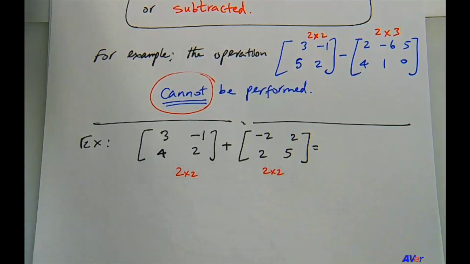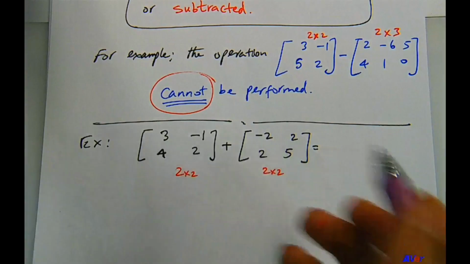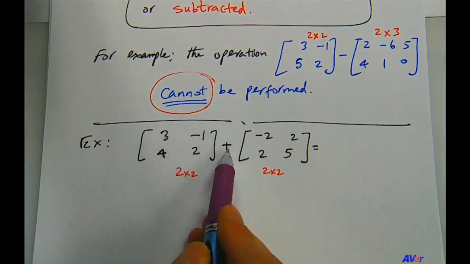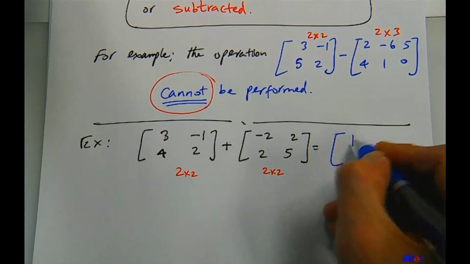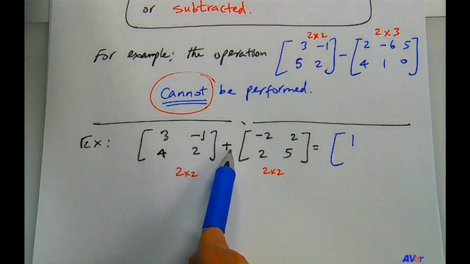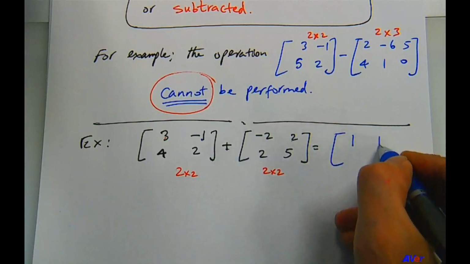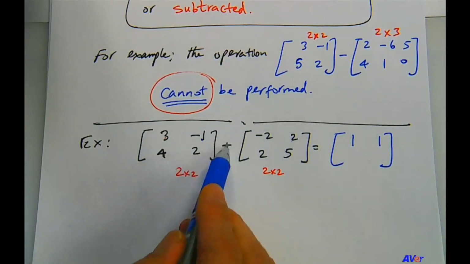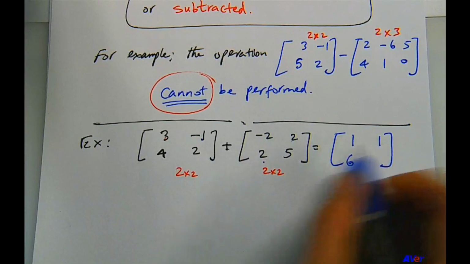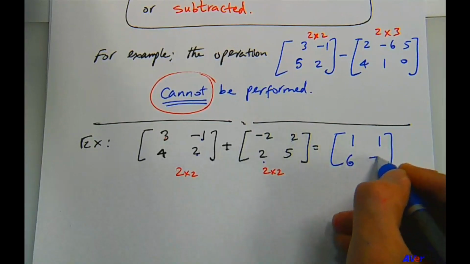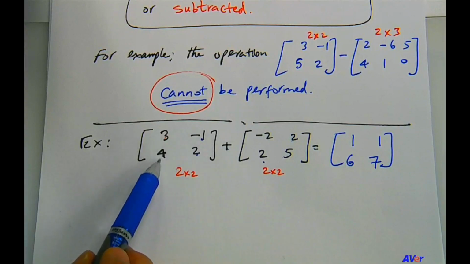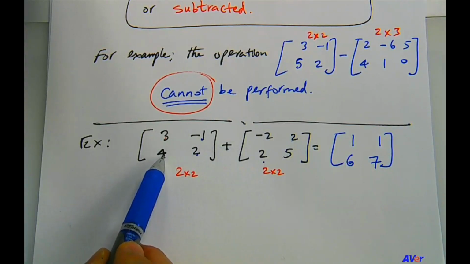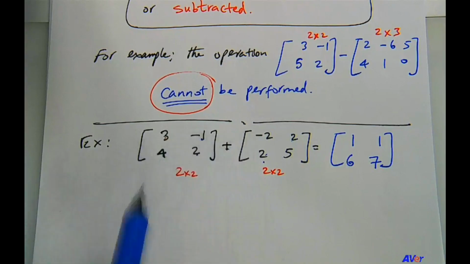This is a 2 by 2, this is a 2 by 2, so we can add these. So 3 plus negative 2 is 1, minus 1 plus 2 is 1, 4 plus 2 is 6, 2 plus 5 is 7. So I'm sure you were able to follow and see that I'm adding the elements in the same position, right? So that's how we do that.